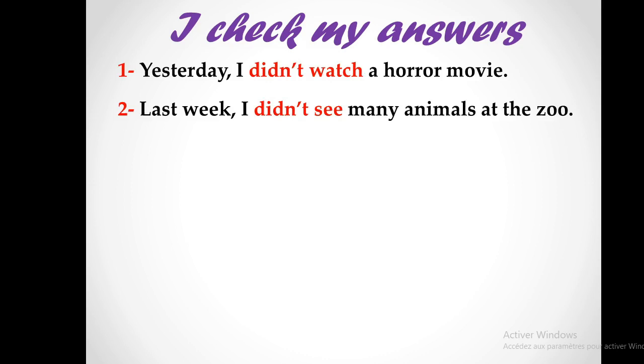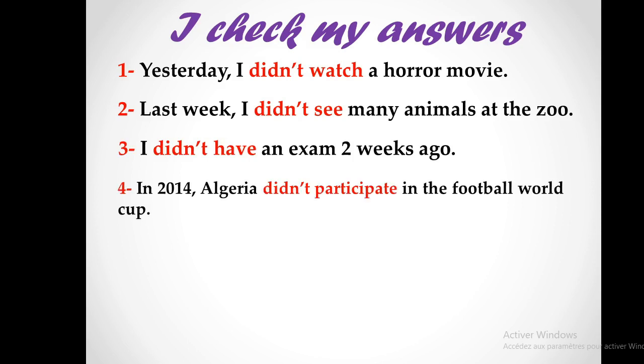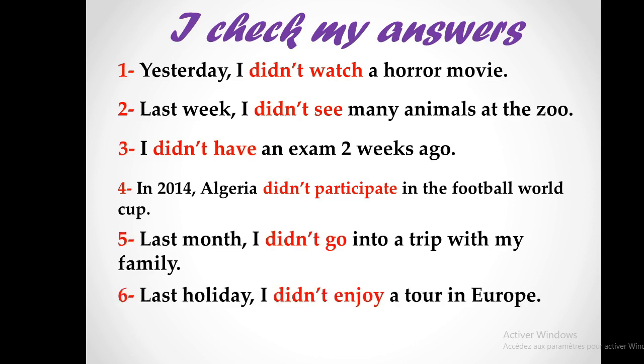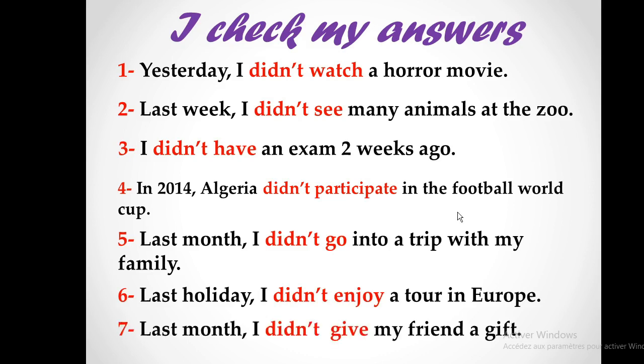Last week I didn't see many animals at the zoo. I didn't have an exam 2 weeks ago. In 2014, Algeria didn't participate in the Football World Cup. Last month, I didn't go on a trip with my family. Last holiday, I didn't enjoy a tour in Europe. Last month, I didn't give my friend a gift. So these are the answers.